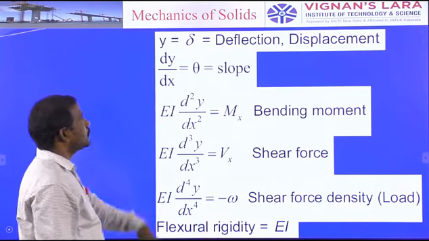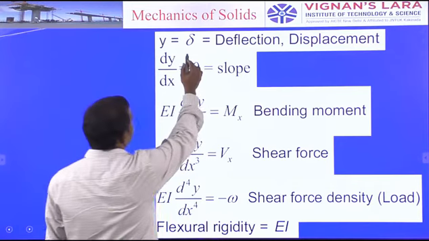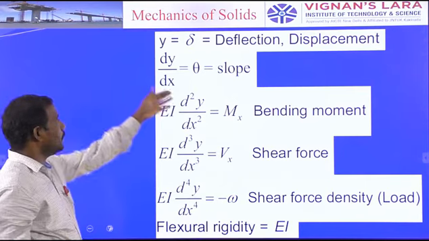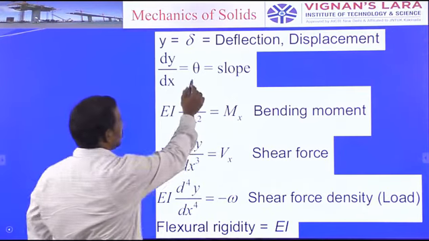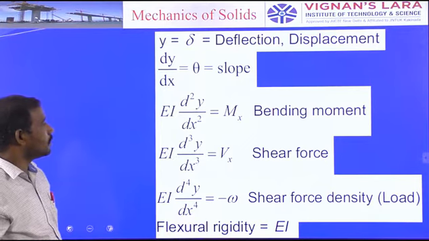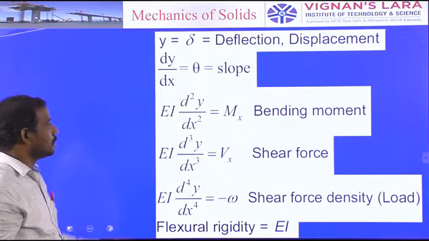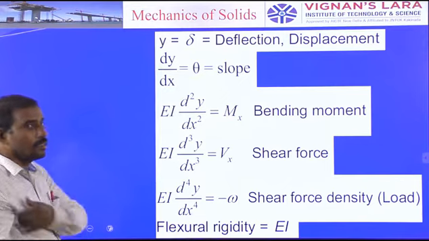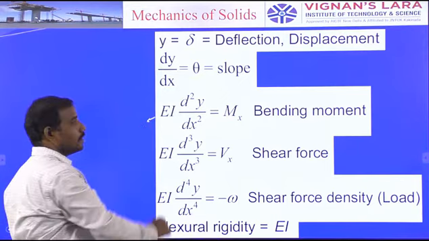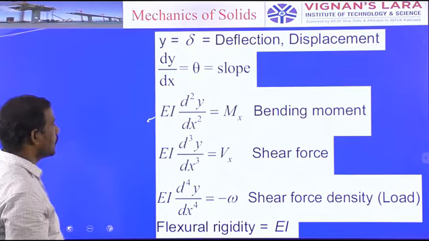This is very important terminology used in this concept. Here y is the deflection, which may be represented as delta also. As we know, dy by dx is the slope, which may be represented as theta. Here EI d square y by dx square is equal to Mx. This is the bending moment equation, derived in the previous class with the relation between slope, deflection and curvature.